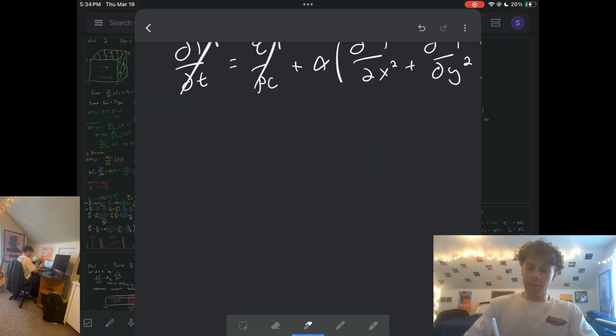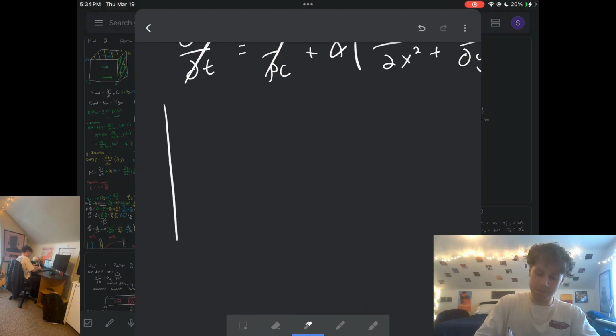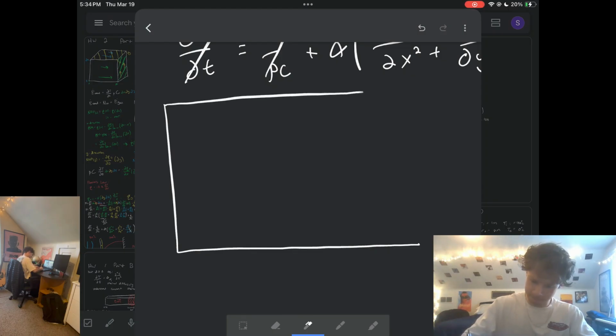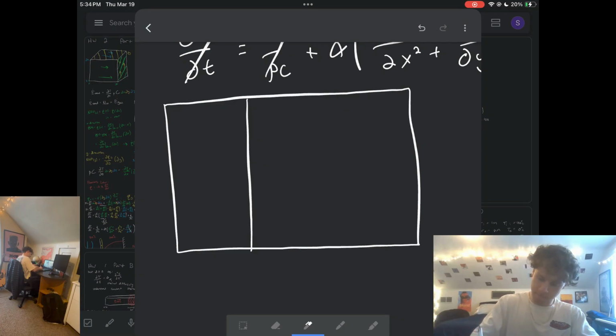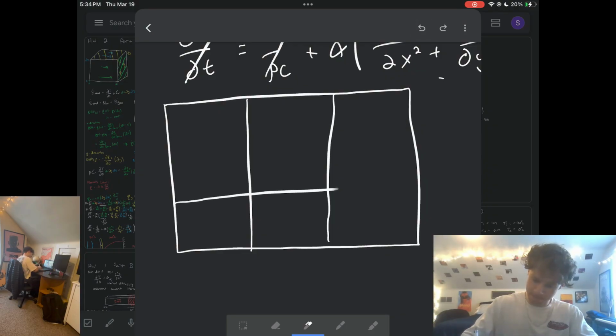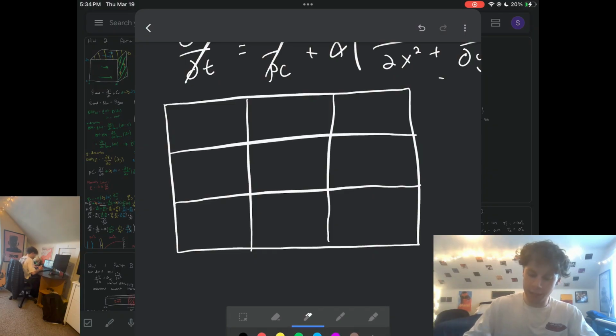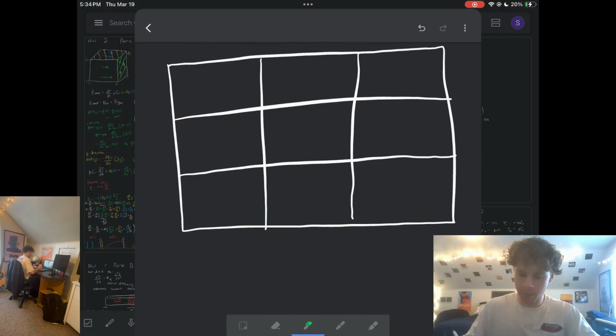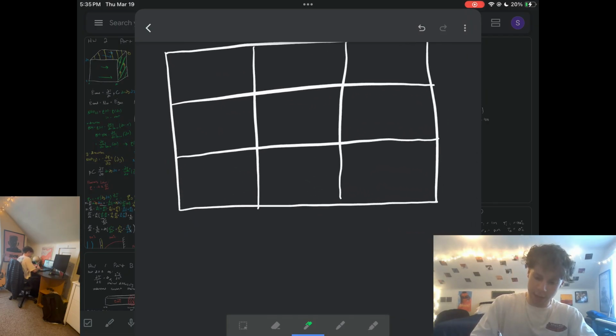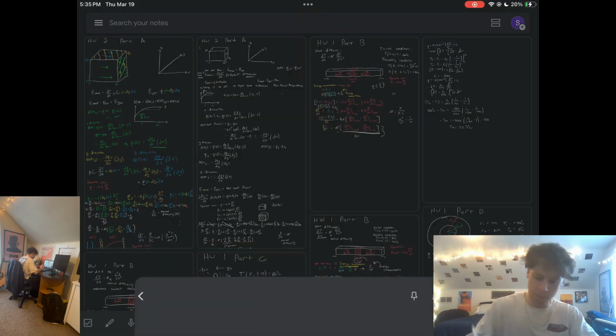Okay, so if we sketch this out using a grid, we'll say that each of these squares on the grid will have a length of x equal to delta x and a height y equal to delta y.